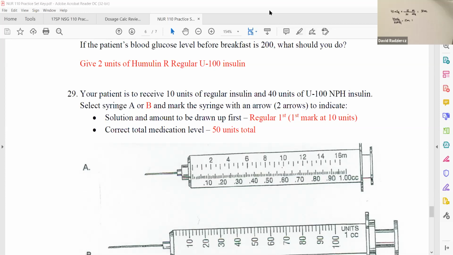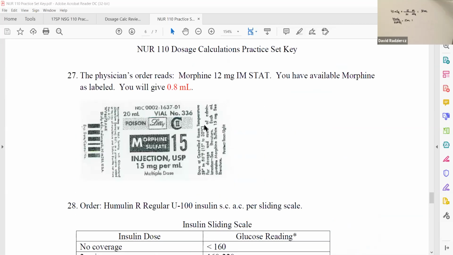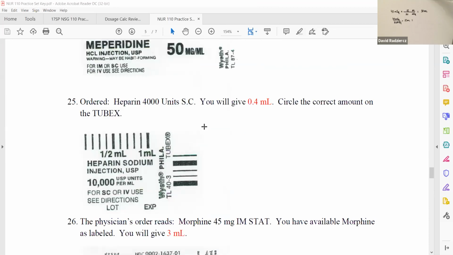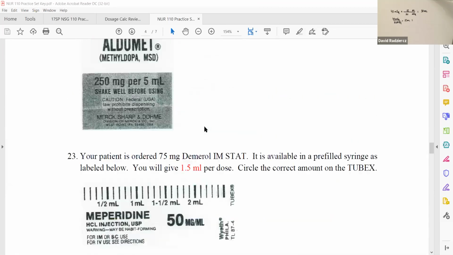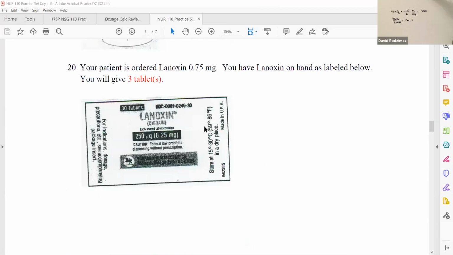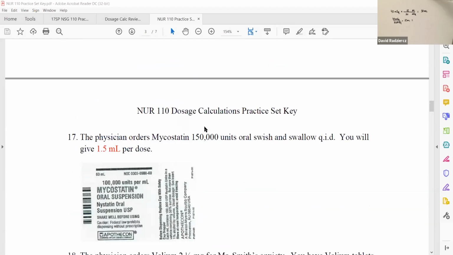Okay, so very good question. You're talking about the practice test that's on Blackboard, is that right? Yes. So on the paper test, I would definitely make sure you write your units. If it's milliliters, if it's tablets, if it's capsules, make sure you write your units. Some of them have a blank and then ML, and that might be where the issue was.